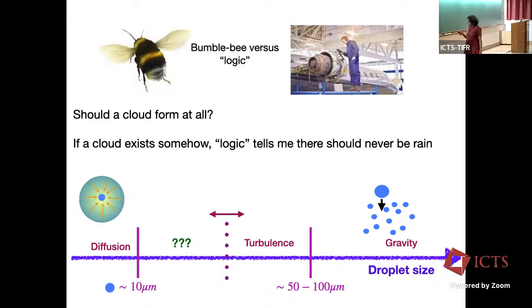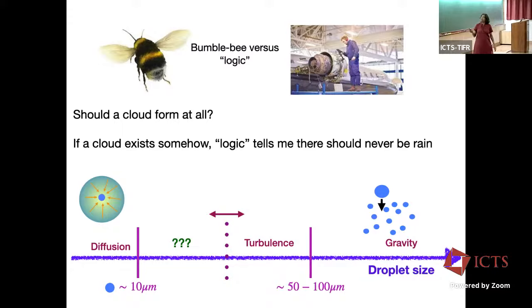Okay, so here is a bumblebee, and I'm going to divert from a cloud for one second, because I'm an aeronautical engineer, and when I joined the aerospace program, this is the first thing that people tell you: if you're an aero engineer and you can do the lift calculations and so on, you know very well that a bumblebee cannot fly.